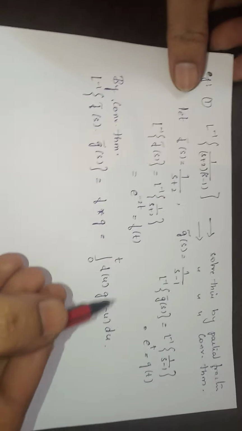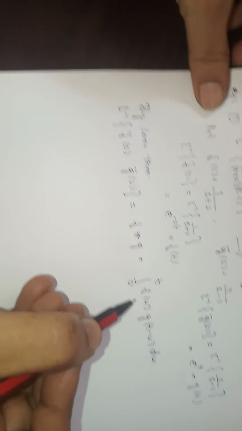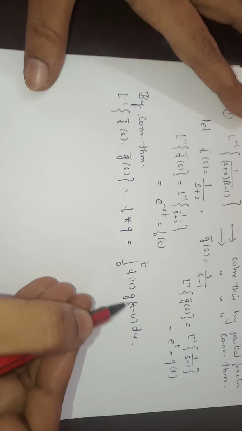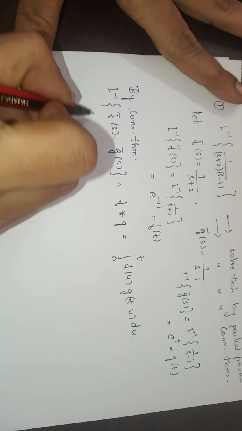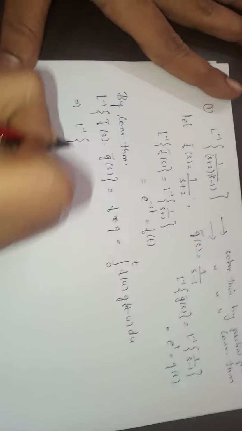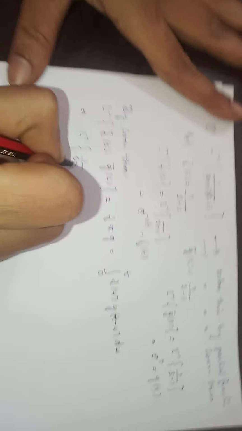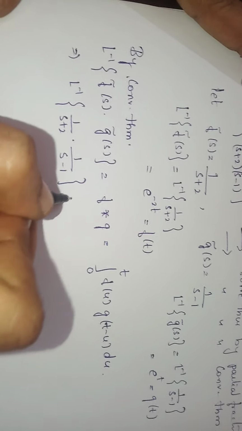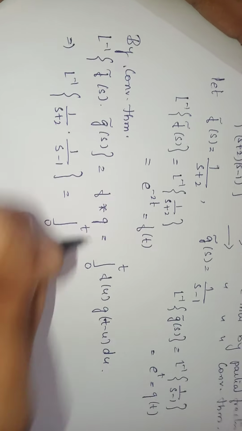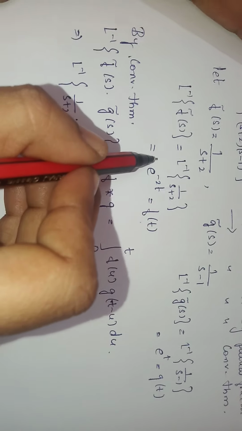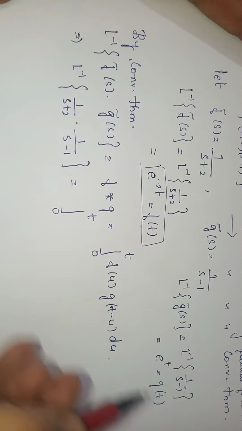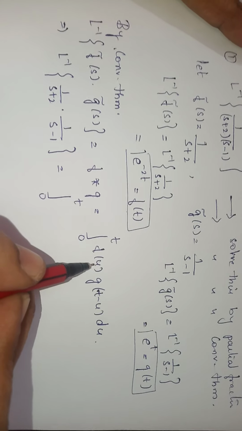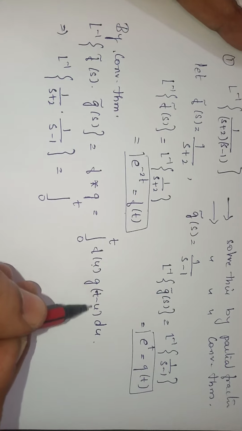Here, if you have a complicated function, you can first take that as f and the simple one as g. Remember that, because the function g has two variables, t and u. So Laplace inverse of 1 by s plus 2 into 1 by s minus 1 is equal to integral 0 to t. Now your f of t is e to the power minus 2t and your g of t is e to the power t. I have to write it in terms of the variables u and t minus u.